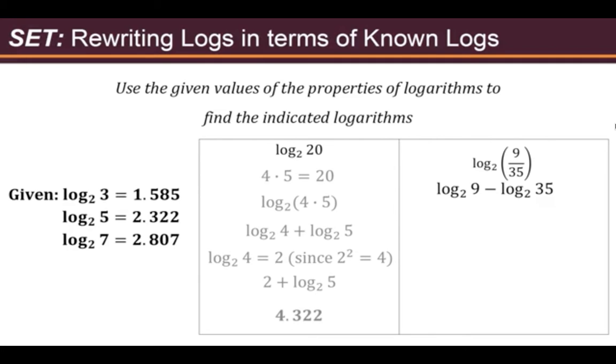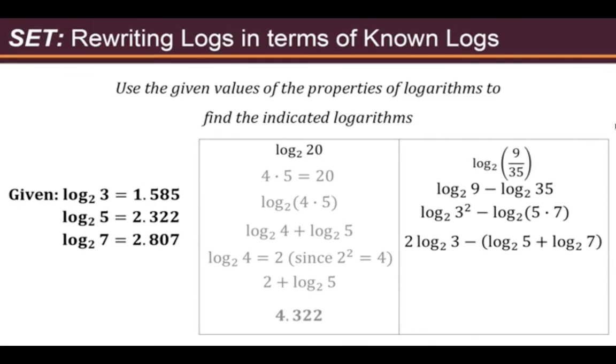So, log base 2 of 9 minus log base 2 of 35 equals log base 2 of 3 squared minus log base 2 of 5 times 7, which is equal to 2 times log base 2 of 3 minus log base 2 of 5 plus log base 2 of 7. We can now use the given values to find the value of our original logarithm.